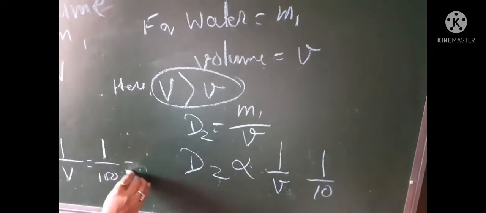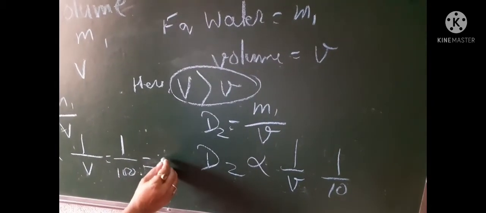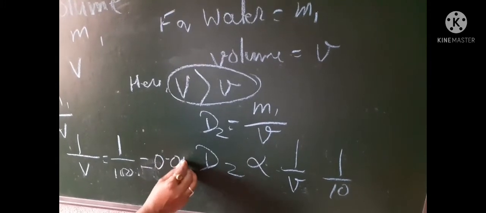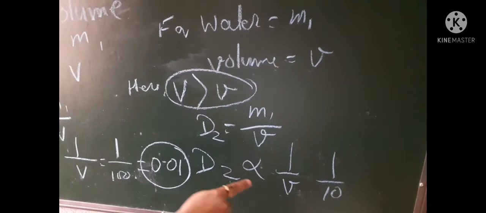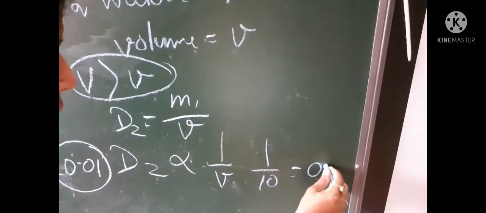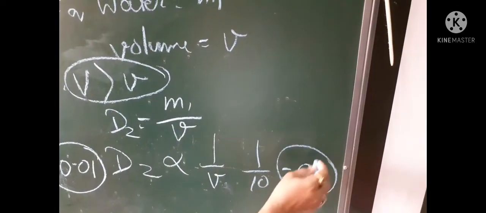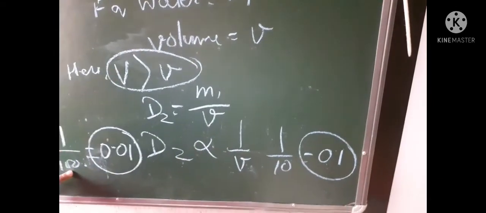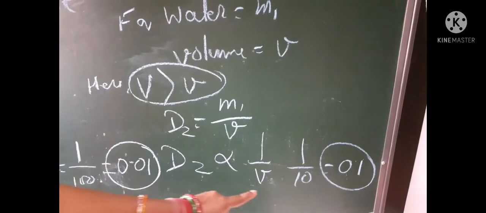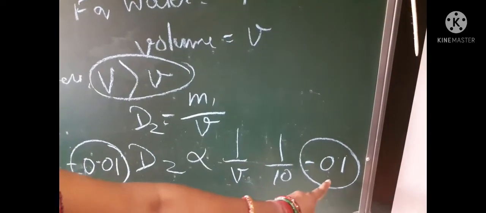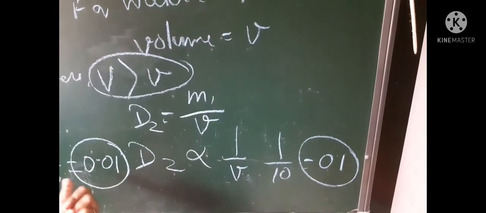So what is the value of density? 1 by 100 means what? 0.01. This will be the density of the ice, and here it is 0.1. Now see the comparison. Here volume was more, so density is less, 0.01, and here volume is less, so density is more as compared to the ice.